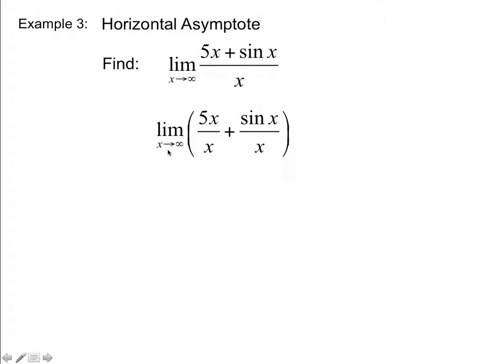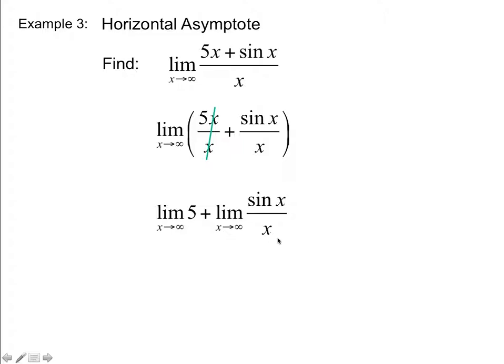And then our properties tell us that we can take the limit of this and the limit of that and just add them together. We can add, subtract, multiply, and divide limits. So we're going to simplify this. And so this first limit question is the limit as x goes to infinity of 5, plus the limit as x goes to infinity of sine of x over x.